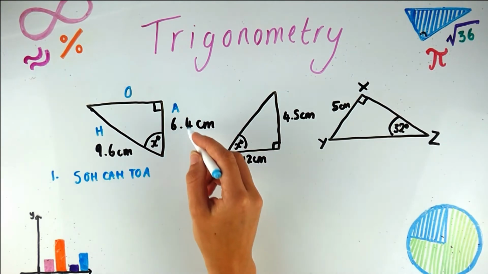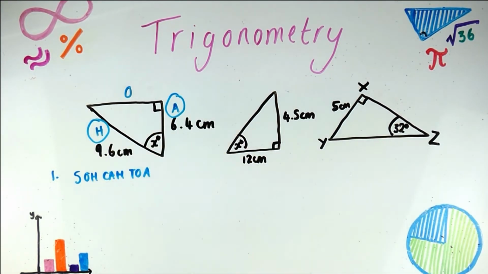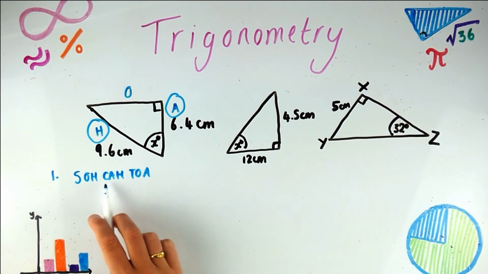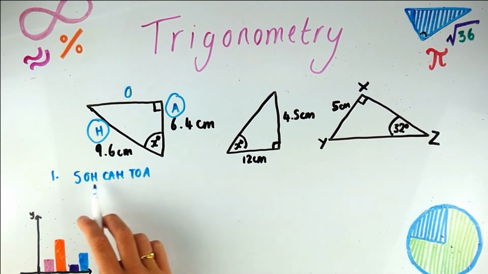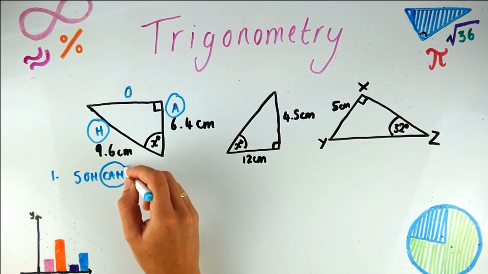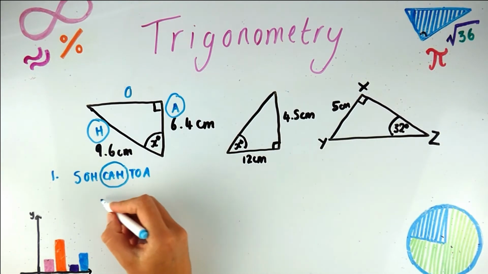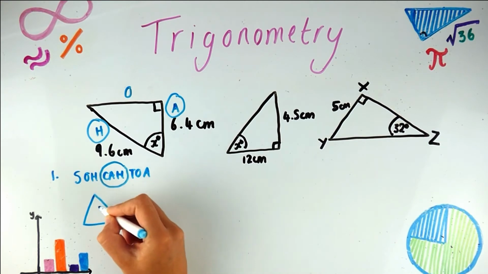You can see we've got a value for the adjacent, we've got a value for the hypotenuse, and we're looking for the angle. So out of these groups, which one do we have? We have an A and an H, so that has to be this group there. So we're going to next draw out the formula triangle.